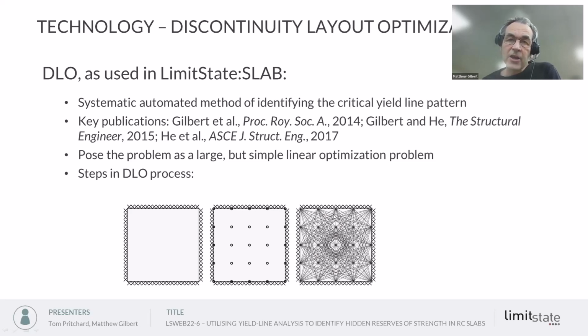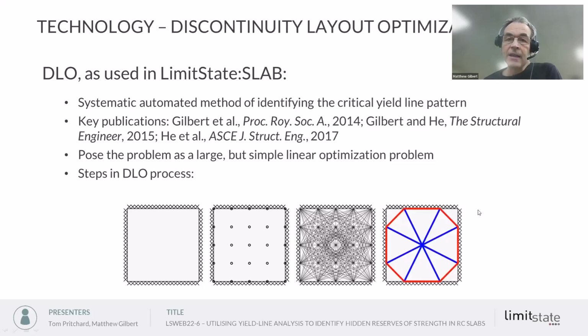We connect those nodes with potential discontinuities, or in this case yield lines, and then we use optimization to find the critical minimum energy solution which corresponds to the yield line pattern of the sort you can see on screen there.